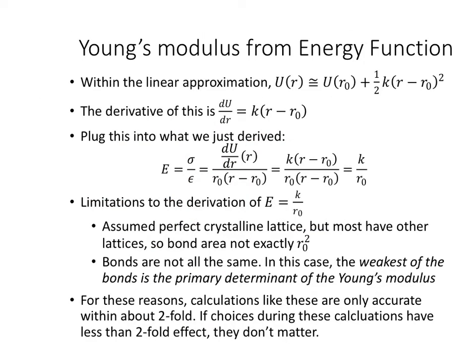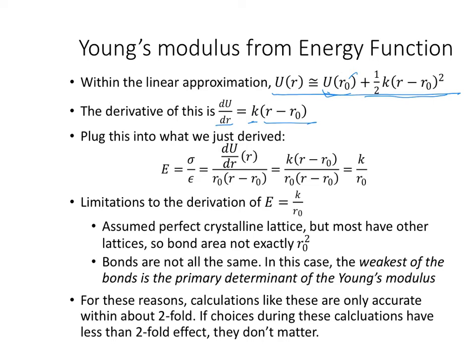Now, to continue to simplify this expression, let's remember several properties of the energy function. The energy function is, we determined, the energy at the equilibrium bond length plus 1/2 the spring constant times the square of the difference in length from the equilibrium bond length. So if we take the derivative of the energy function from that, we just get K times the displacement of the bond.